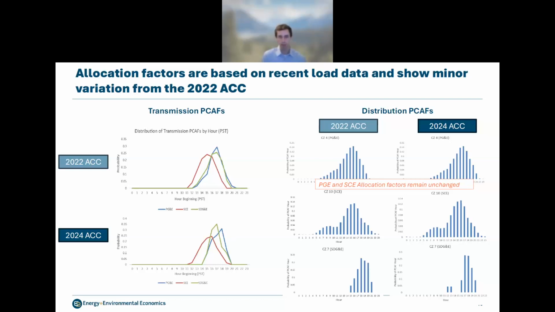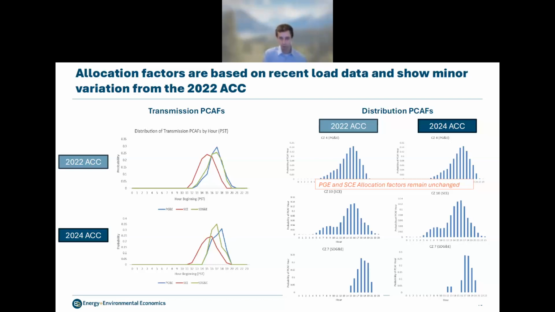To generate PCAFs, we take the top hours of load in each service area and assign factors according to how much of that load is concentrated in each. Basically, those factors all need to add up to 1, so that if you multiply them all together, you'll end up with the original distribution or transmission cost.